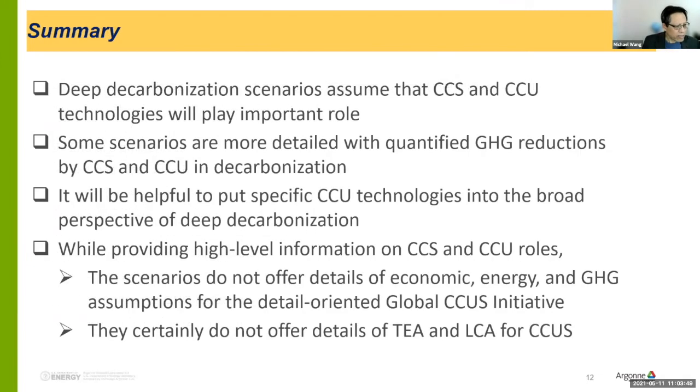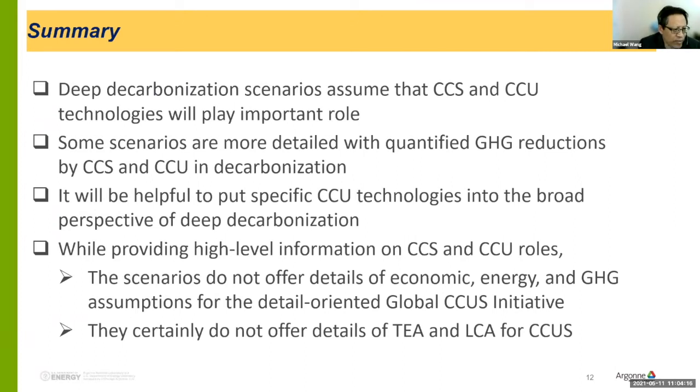So these are the 6 studies with baseline scenarios, and in most of those scenarios, CCS and CCU play important roles. So in summary, deep decarbonization scenarios assume that CCS and CCU technologies will play important roles.